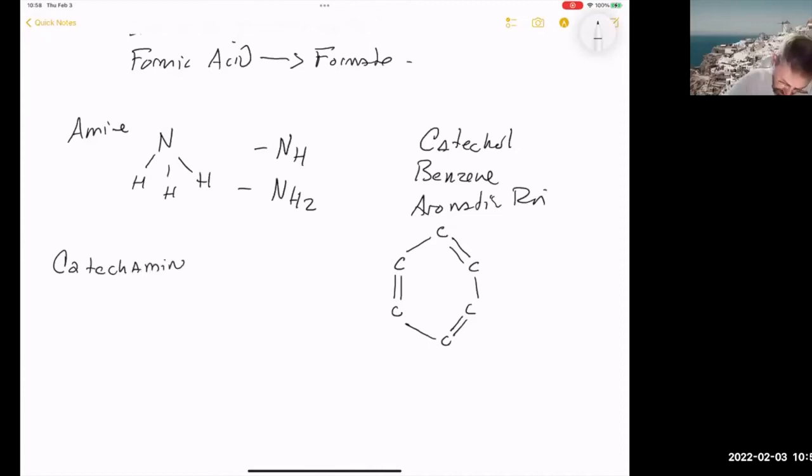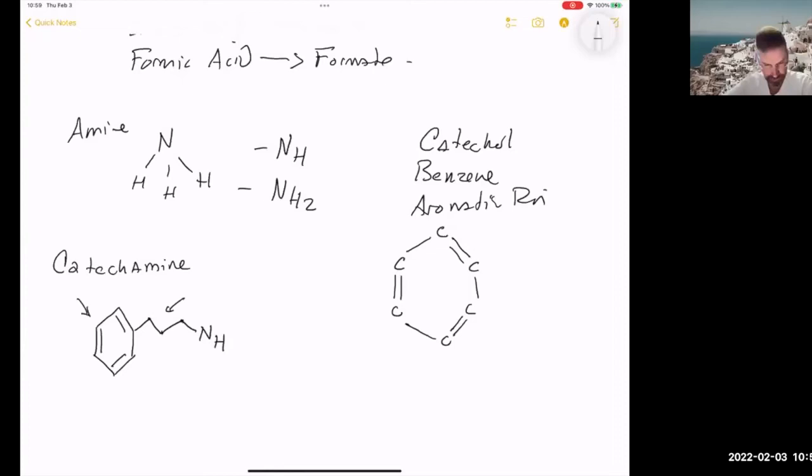A catecholamine is a very important group of molecules. A catecholamine is a catechol, an aromatic ring, and then you have a little carbon bridge attached to an amine, something like that. So you've got your hydrocarbon here in the middle, and each little point is a carbon atom.